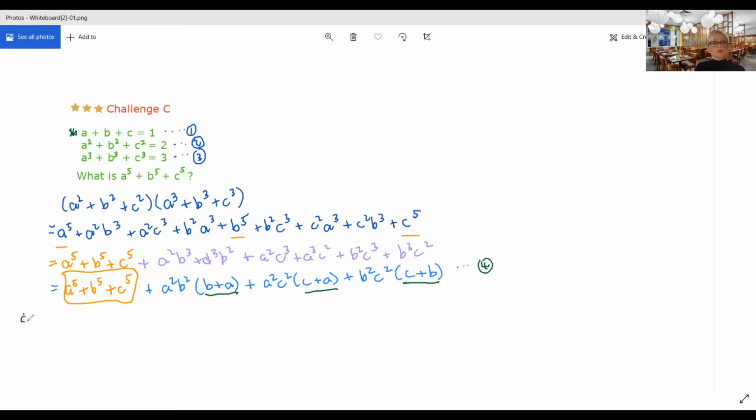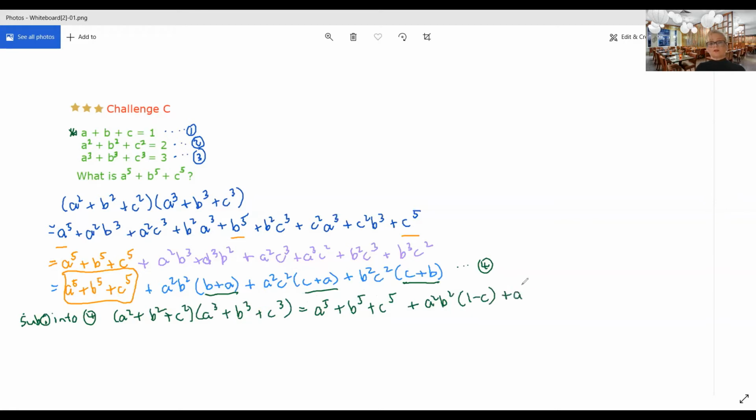So sub 1 into 4, and we get that that equals, so we've got our a squared plus b squared plus c squared times our a cubed plus b cubed plus c cubed equals what we're trying to find, plus a squared b squared times 1 minus c, plus a squared c squared times 1 minus b, plus b squared c squared times 1 minus a.